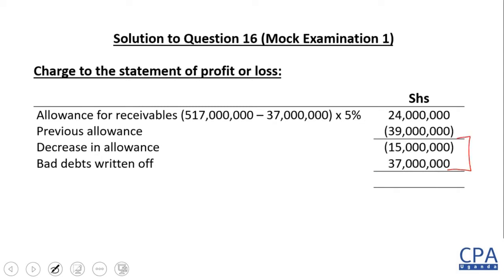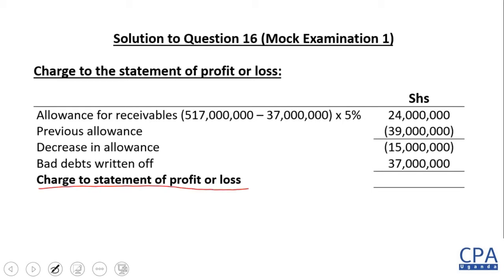The overall net effect that I'm going to recognize in the statement of profit or loss is the charge, which is the overall effect, that 22 million. So all in all, in the statement of profit or loss, we are going to have a charge of 22 million loss as required in the question. And when you look at our solution to the mock examination, we are indicating the correct alternative as 22 million right there.